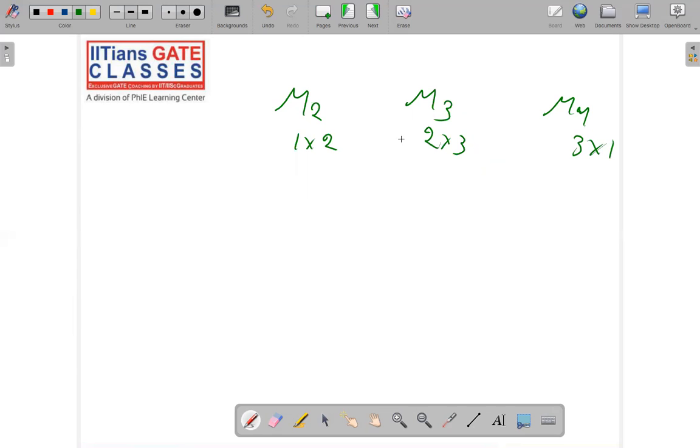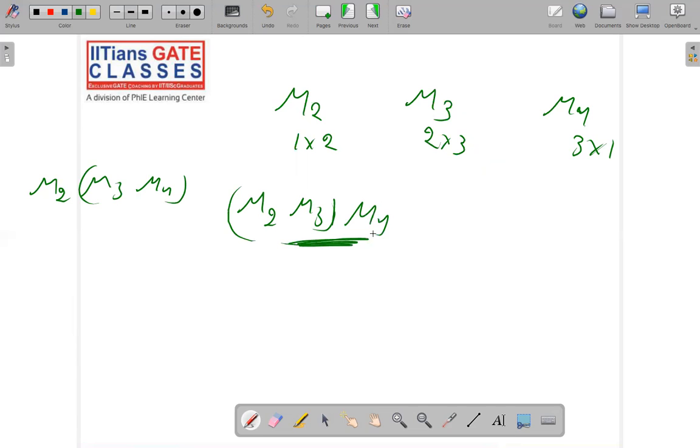Now it doesn't matter in which order you multiply these, either M3, M4 first, or M2, M3 and then M4. It doesn't really matter in which way you multiply. Both will give a resultant matrix, M dash, and its dimension will be 1 by 1 only.